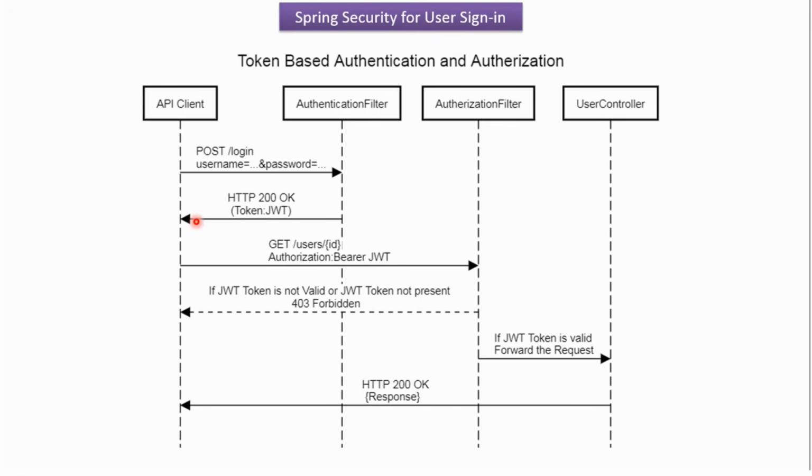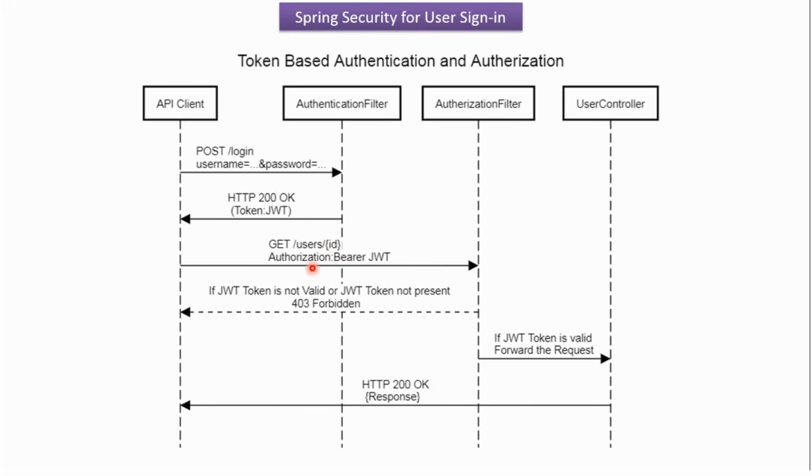And for any further request, API client has to send JWT token to the server. API client sends request to the server for getting the user information by passing the user ID to this particular endpoint.